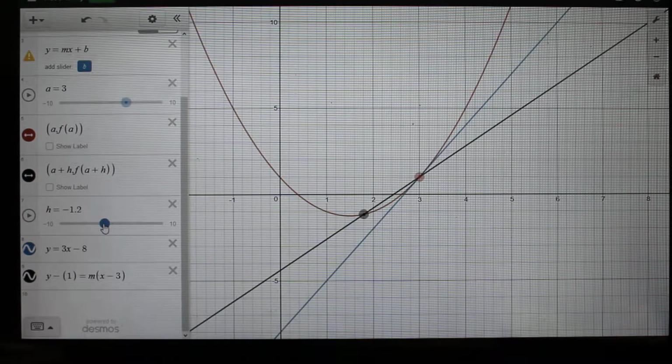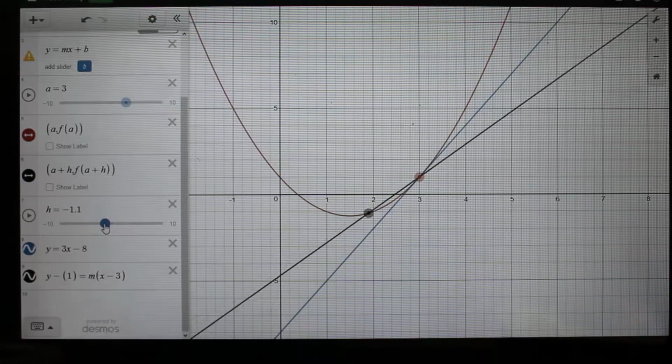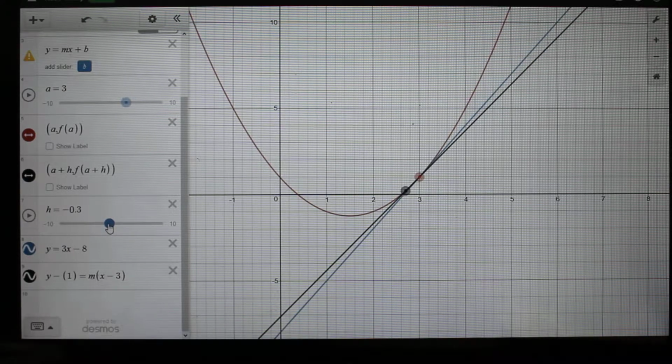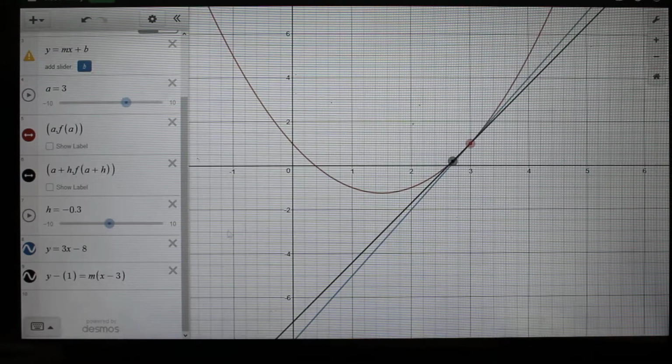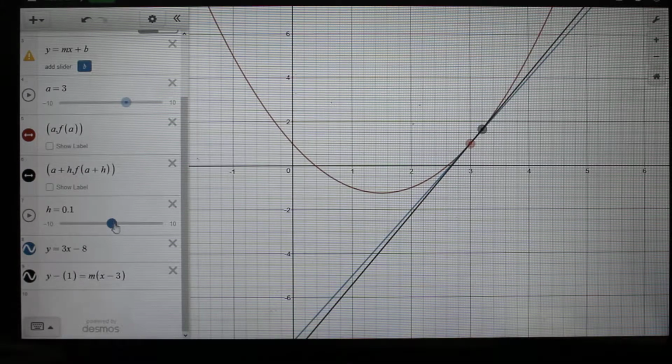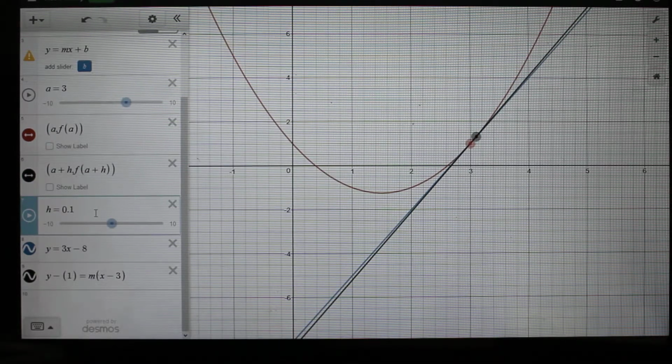So as your h tends to move towards 0, your slope of the secant becomes smaller and smaller, until a point where your slope of the secant will overlap and become the slope of the tangent, and at that point, that is where your value becomes undefined.